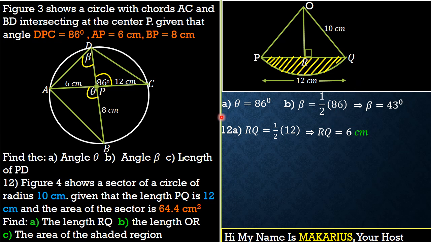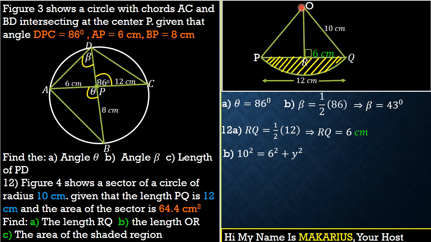Okay, that's it, guys. The B part is the length OR. Keep in mind that we are going to get the length OR by Pythagoras theorem. But friends, let's insert the length RQ because we need it. RQ is 6 centimeters. According to Pythagoras theorem, the square of the hypotenuse, that is the square of the longest side, has to be the same as the sum of the squares of the other two sides.